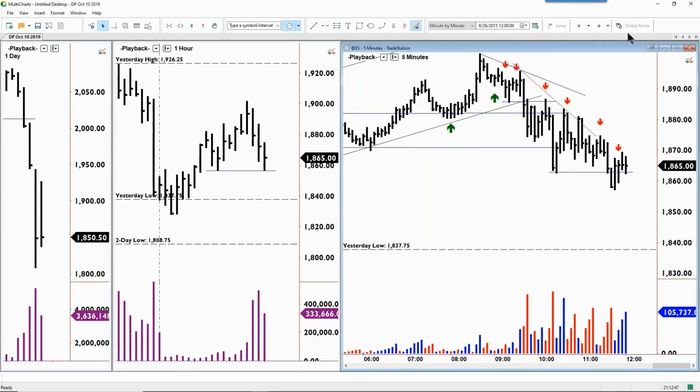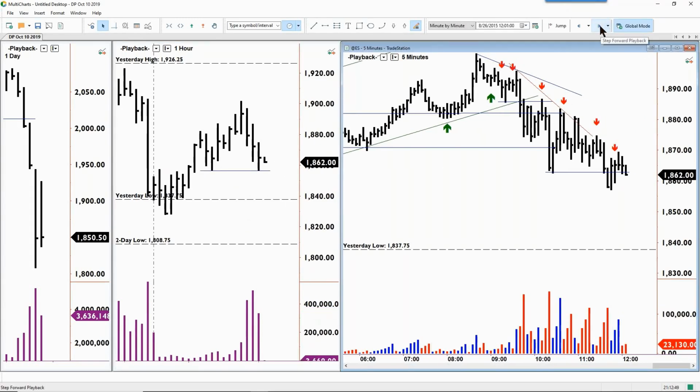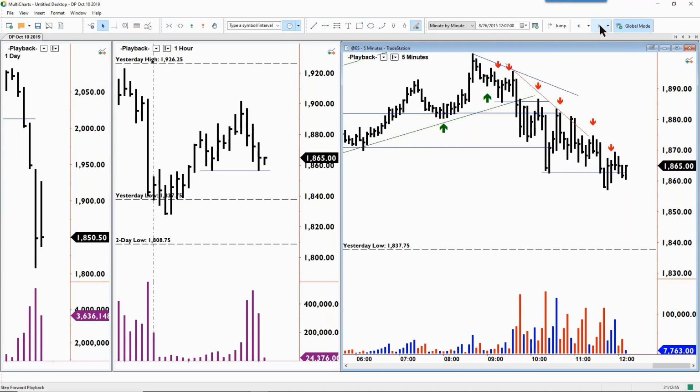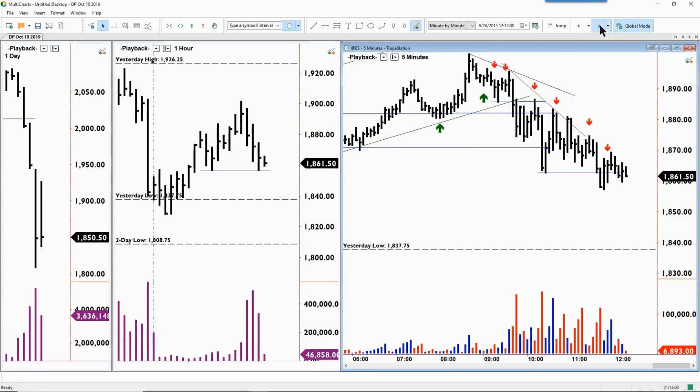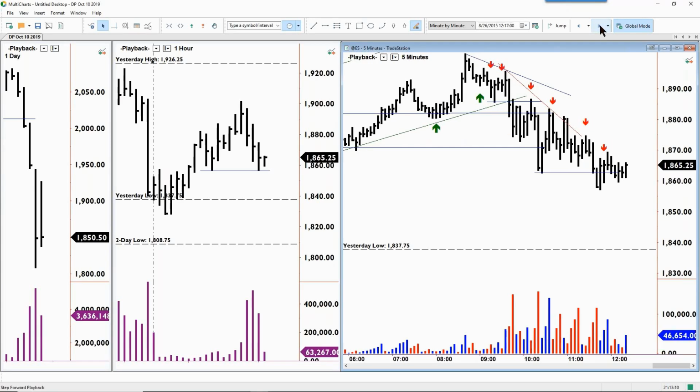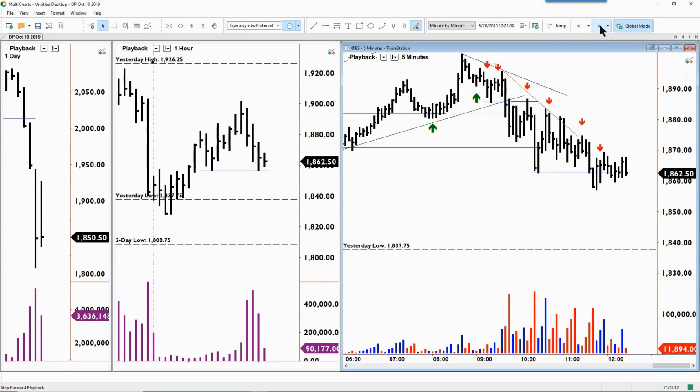Yeah, for this. It's having trouble rallying away here. Let's see if it'll rally now. So this is hugging the lows.